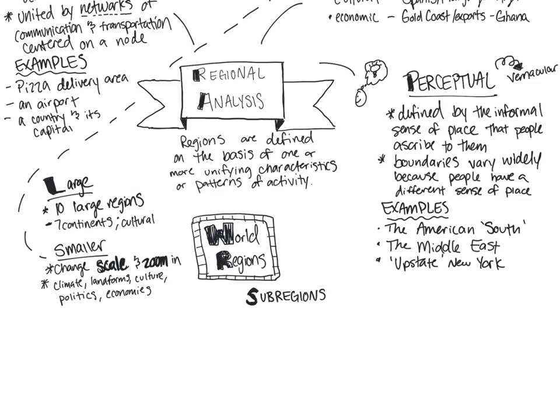Subregions are going to refer to the second map that you see on that map handout. The subregions is where you break down those larger regions into a lot of different other regions. So they share some of the characteristics from the larger regions that you see from the first map, but there will be distinctive traits that make them into these smaller subregions.